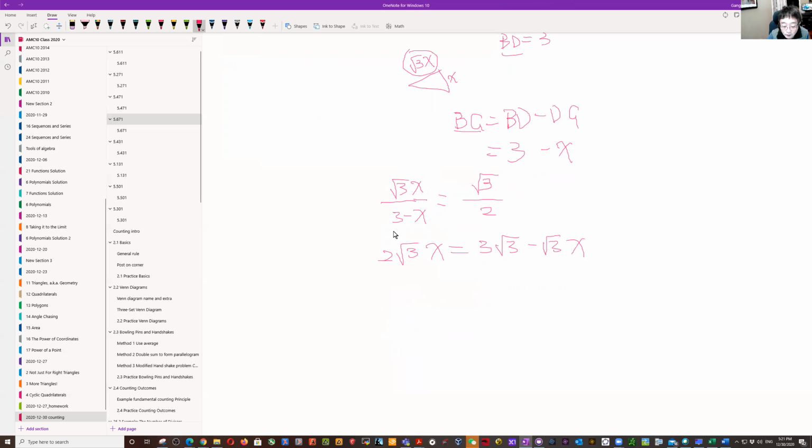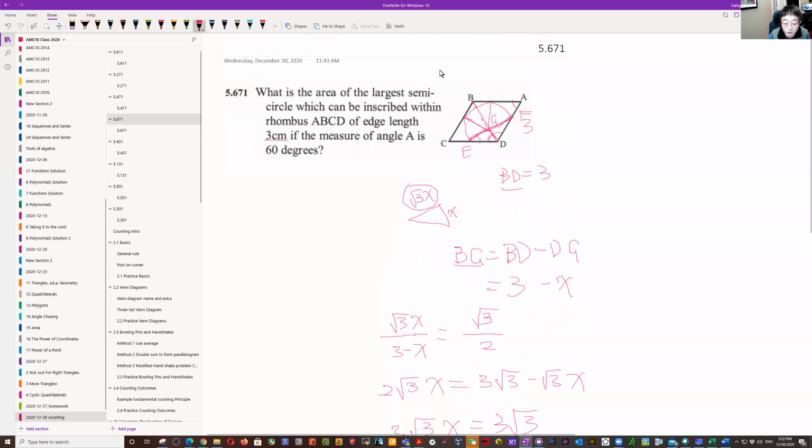Adding square root of 3x to both sides, we get 3 square root of 3x equals 3 square root of 3, so x equals 1. So x equals 1, and the radius is square root of 3 times 1, which is square root of 3. So the radius of the inscribed semicircle is square root of 3.